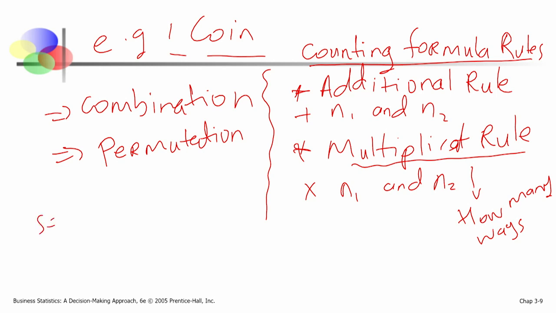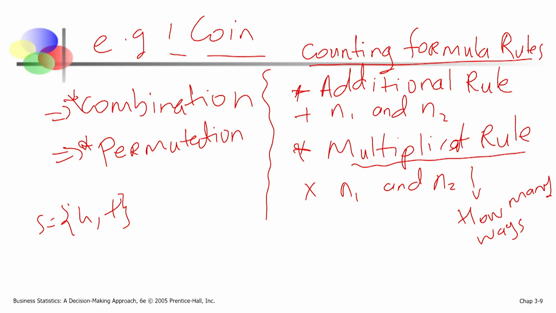So now let's go back to this question of tossing a coin. How do I know that my sample space of tossing one coin is either a head or a tail? The first thing I ask myself: do I want order? If tossing my coin, is there order or is there no order? If there's no order, it's the combination rule. If there's order, it's the permutation rule.